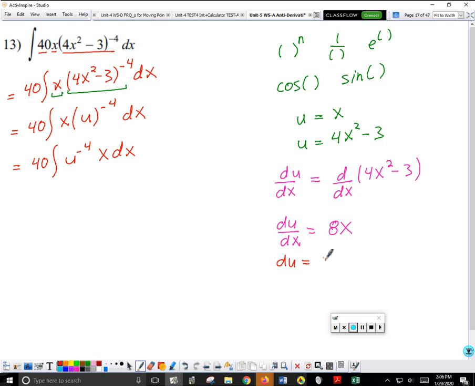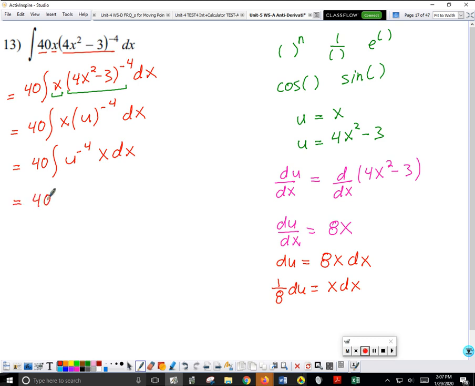Algebra says I can multiply both sides by 1/8. This feels like you're a wizard, Larry. x dx and 1/8 du are the same thing. Whoa.